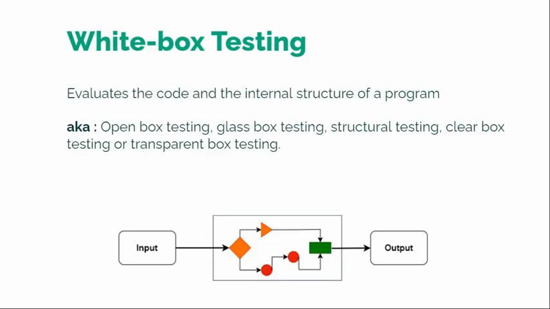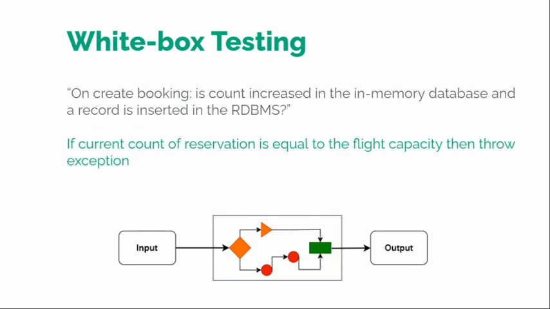Whereas in white box testing, we evaluate the code and the internal structure of the program. White box is also called open box, glass box, structural testing, clear box testing, or transparent box testing, where we know the internal structure of the code. So we plan our testing accordingly because we know it in more detail.